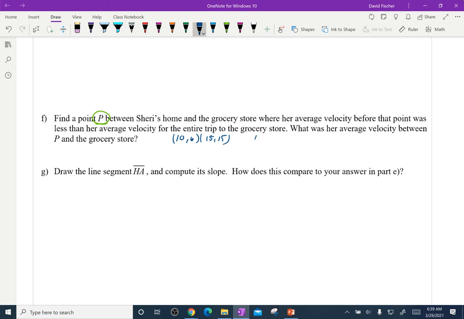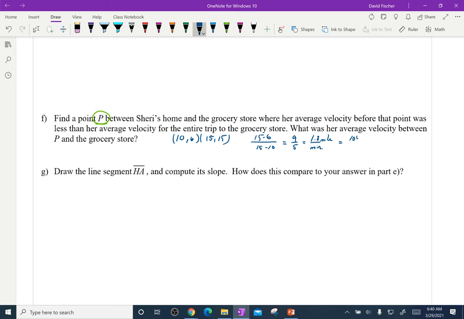So let's find the slope. 15 take away 6 is 9, over 15 minus 10, which is 5. I want to divide that by 5, it's 1.8 miles per minute. But again, I don't want per minute, I want per hour, so I multiply that by 60.